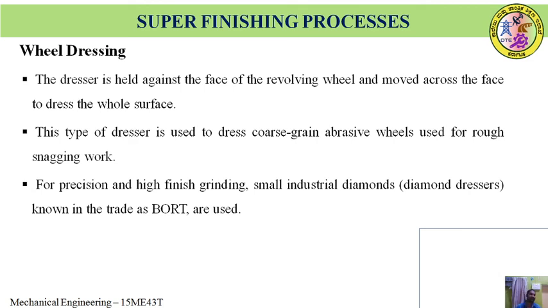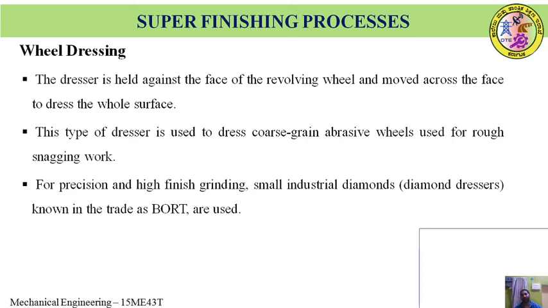So dressing is nothing but just sharpening the grinding particles. Due to continuous operations, the sharp edges of these abrasive particles are worn out. So in order to bring back sharp edges, we are using dressing. The dressing removes the worn out edges of the abrasive particles and projects the sharp corners of the abrasive particles from the grinding wheel, so that the wheel becomes like a new one.